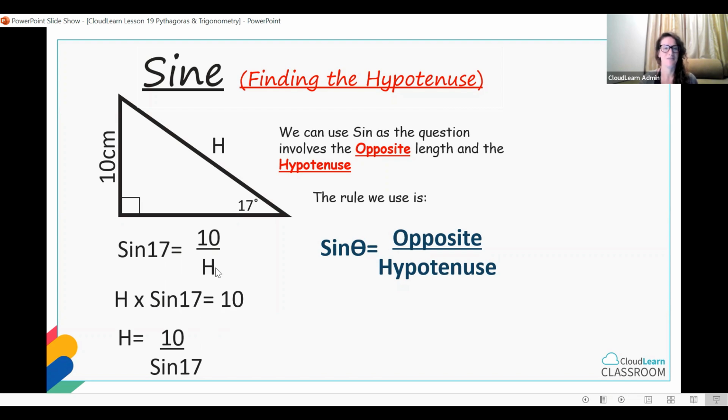Many people just think of it as crossing them over, times by h, divide by sine 17. But just so you're aware of why that works, using the mathematical rearranging that we've learned, h times sine 17 is 10, and then h is equal to 10 divided by sine 17, so timesing by h and dividing by sine 17.